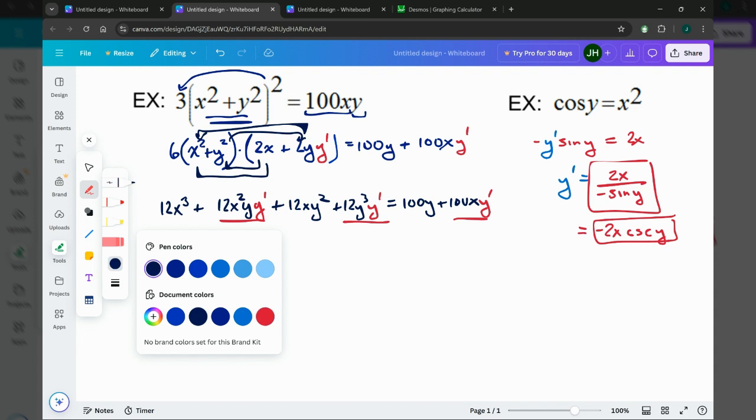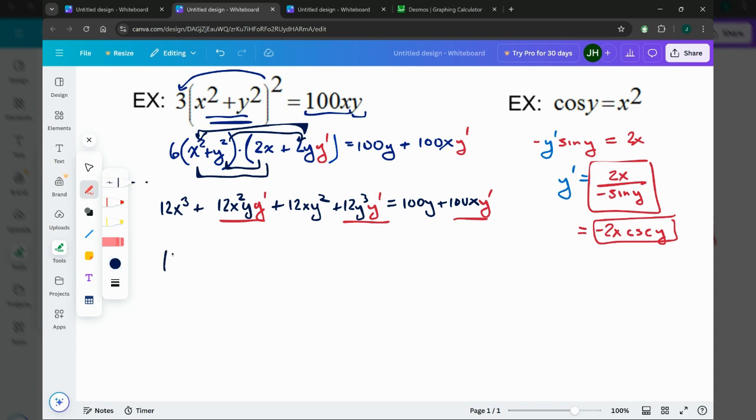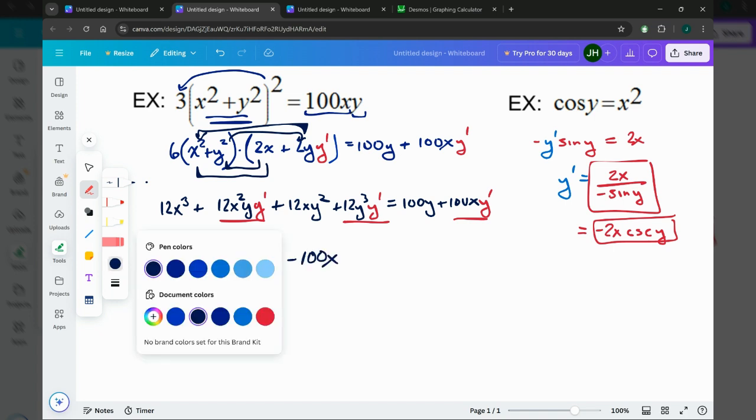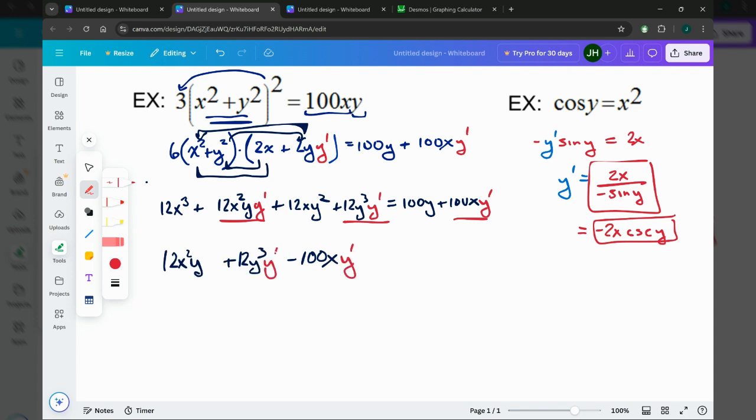So what I'm going to do here is take that 12x squared y and that 12y cubed, and then I'm going to subtract the 100x all to the left-hand side because they all involve y prime. Everything else on the other side, this term, and this term, I've already got the 100y over there. I'd have to subtract the 12x cubed, and I'd have to subtract the 12xy squared.